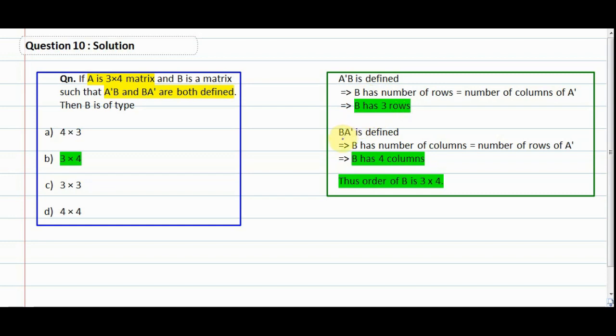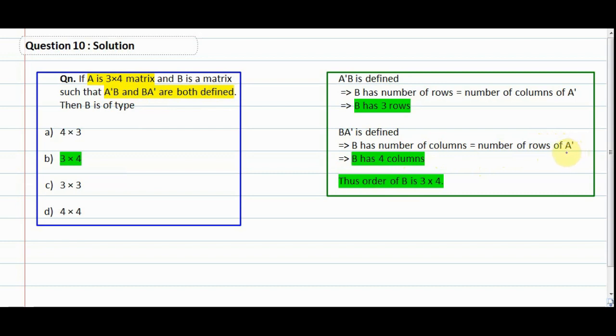Now it is also said that B into A transpose is defined. So B into A transpose, that multiplication is possible if and only if B has number of columns equal to number of rows of A transpose. A transpose will have 4 rows and 3 columns. So B has number of columns equal to number of rows of A transpose.